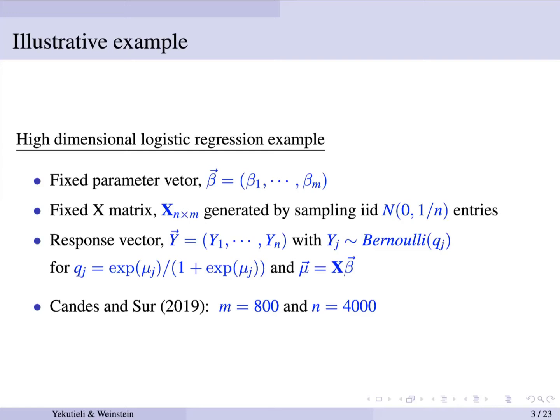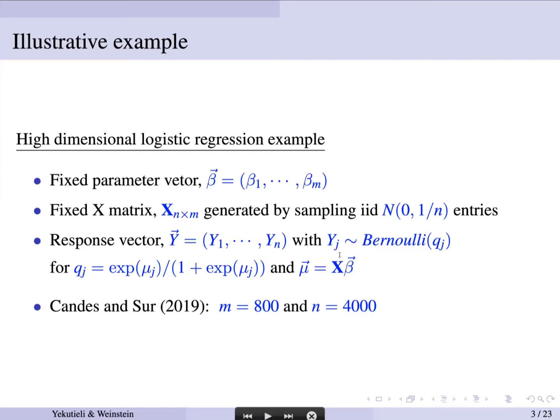Then we have this response vector. The only random part of our model is this Y, the response, which is logistic. We have a vector of mu's given by X beta, then we apply the inverse logit transform, and each of the Y's is Bernoulli with this probability Q_j.